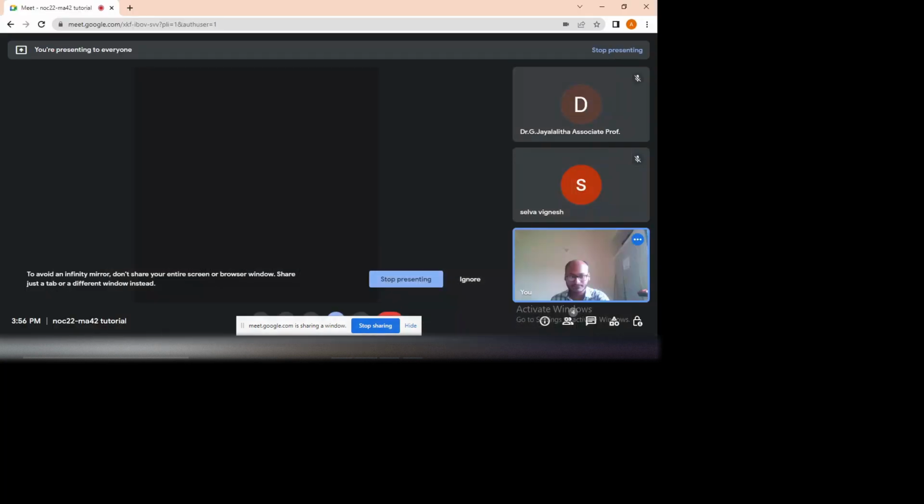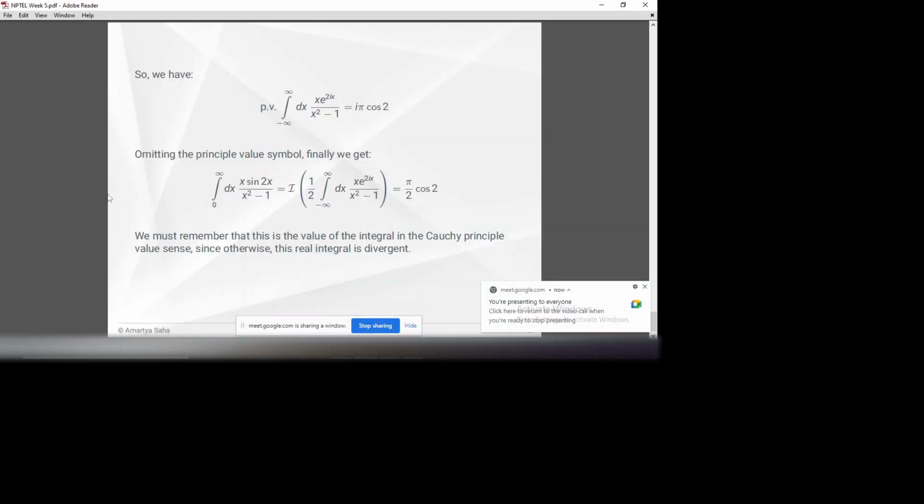We are actually asked to calculate the principal value, because in real variable calculus this integration is actually divergent: if you put x equal to 1, the integrand diverges, and the real integration does not make any sense. So that is why we can only calculate the principal value, and that is what we have been asked to calculate. So omitting the principal value symbol, we finally get this.